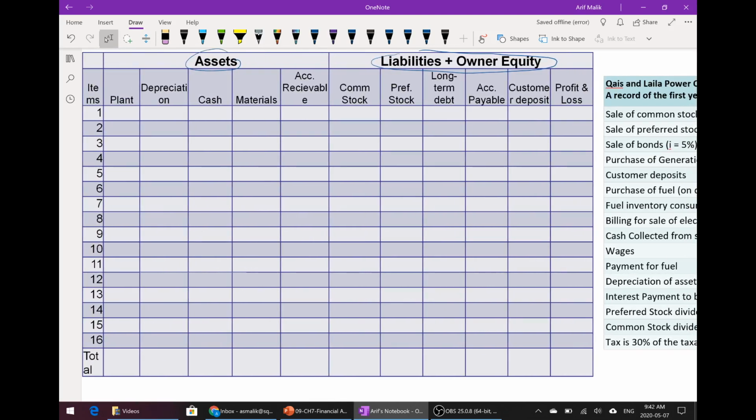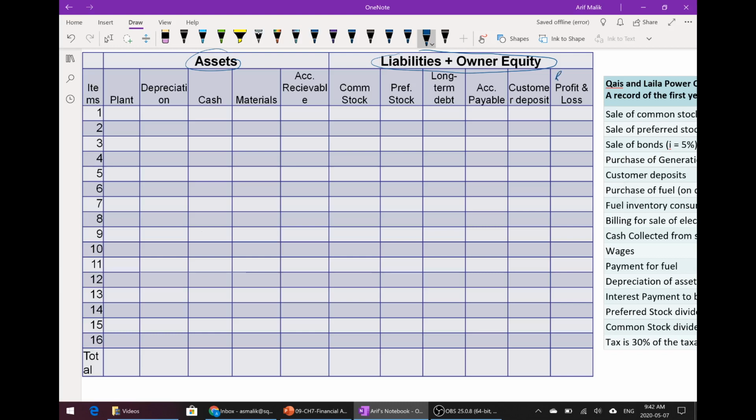We have plant, depreciation, cash, materials, and accounts receivable under assets. And under liabilities and owner's equity, we have common stock, preferred stock, long-term debt, accounts payable, customer deposit, and profit and loss. Profit and loss, we can say, is the account of retained earnings.